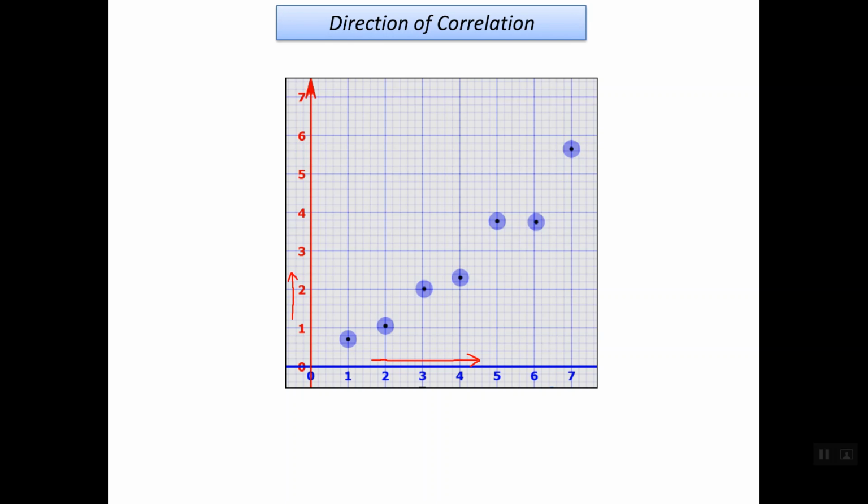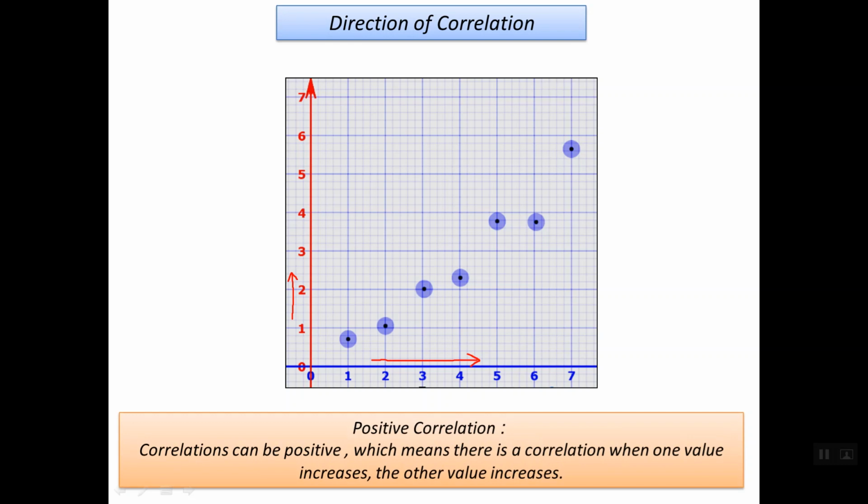It also increases. So in this case, we say that we have a positive direction between the two variables. Positive correlation simply means that when one of the two variables increases, the other also increases.